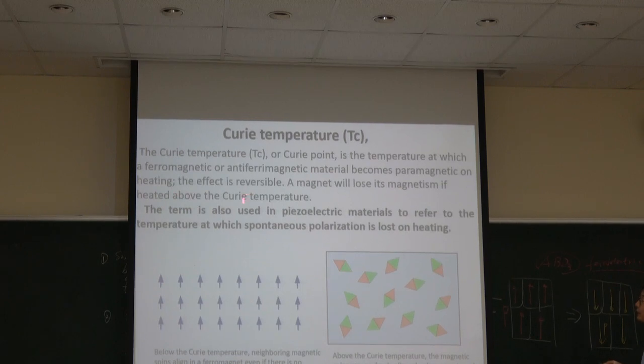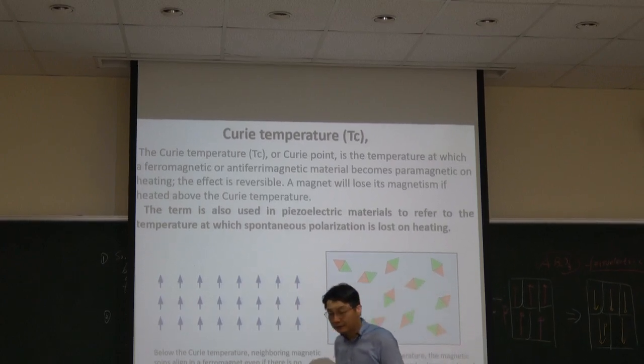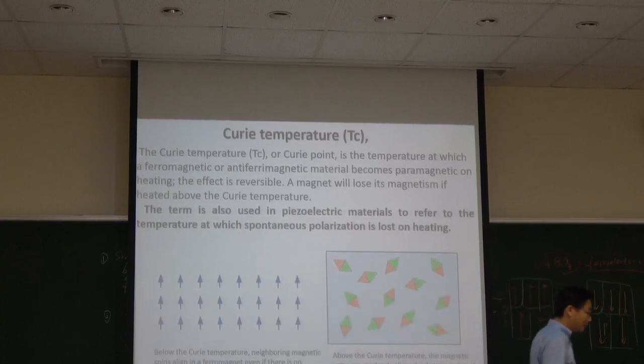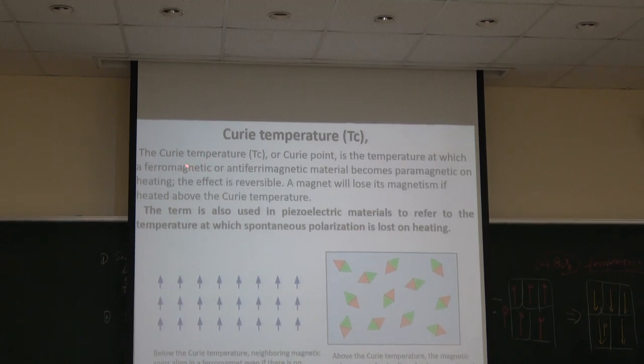And this is also a definition of the Tc we already mentioned. The Curie point is the temperature at which ferromagnetic or ferroelectric materials change. Here it is magnetic, which is similar. Magnetic materials also have the same Curie temperature, so you have ferroelectric, ferromagnetic or anti-ferromagnetic materials.